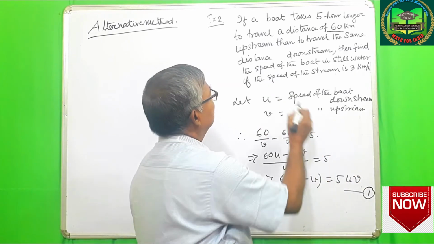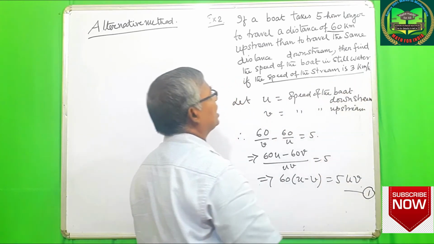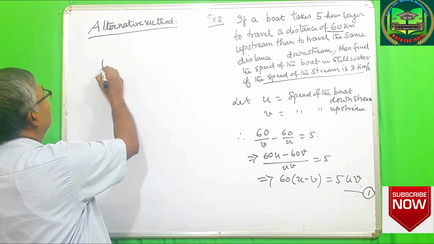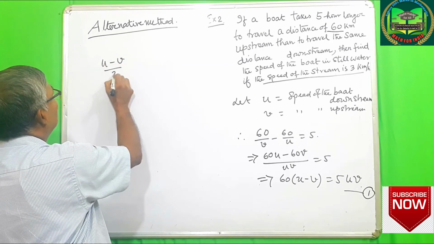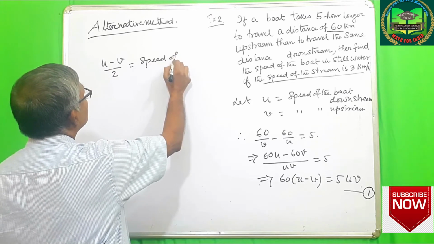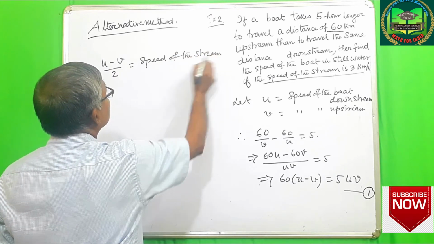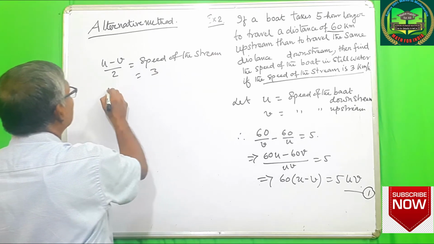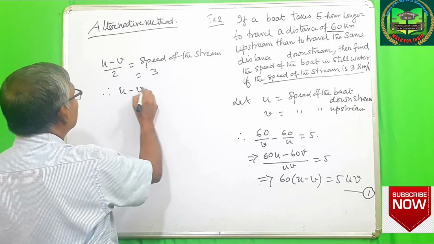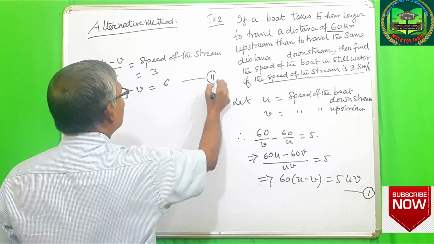Here see, the speed of the stream is 3 km. We know (u minus v) by 2 is the speed of the stream, equal to 3. Therefore, u minus v equal to 6. Suppose it is 2.